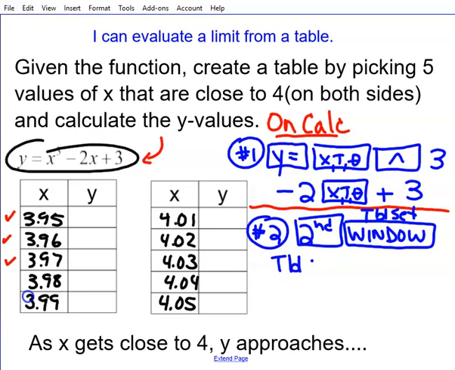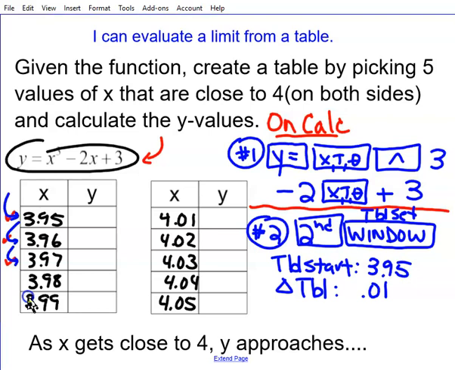If I wanted to make a table like the one I have on the left here, I might say I want to start the table at 3.95, and then I keep going up by 0.01. So table start is going to be 3.95, and then the change in table is 0.01.